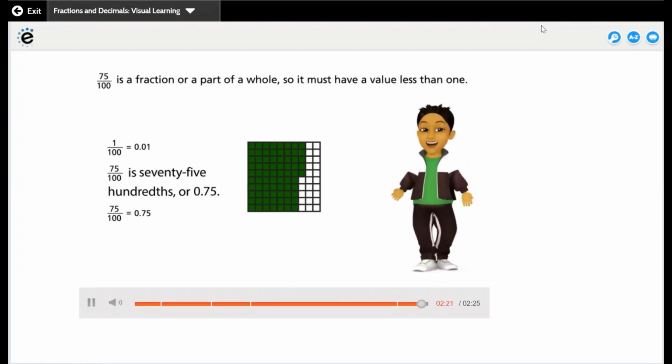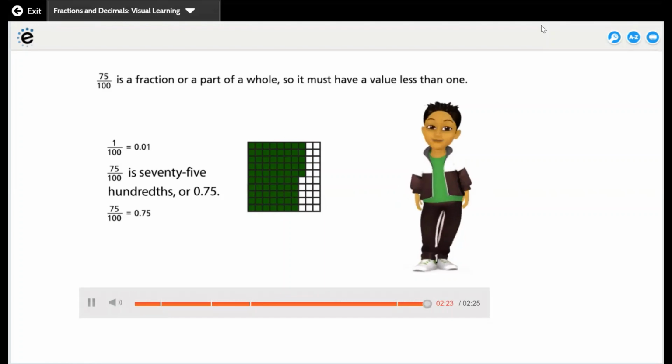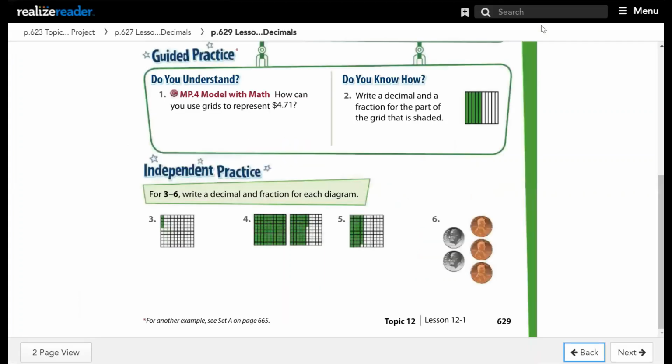Now you know how to write a fraction as a decimal. Let's move to the questions. Question number 2: write a decimal and a fraction for the part of the grid that is shaded. As we know, this grid is out of 10. The shaded part is 1, 2, 3, 4, 5 out of 10.